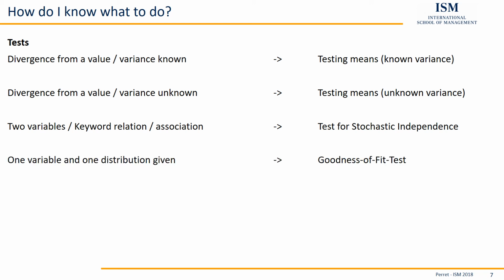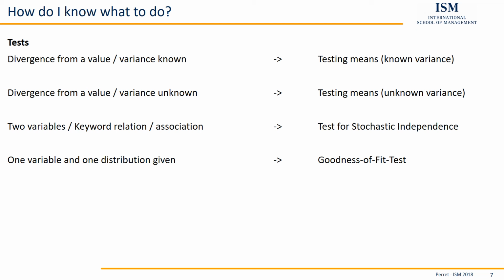If you have only one variable and a given distribution, and you should test whether this one variable, this one sample, has this distribution you're talking about, this means a goodness of fit test. So usually the variable is given as a nominal variable, could also be ordinal with different groups or classes, but it's usually not metric.